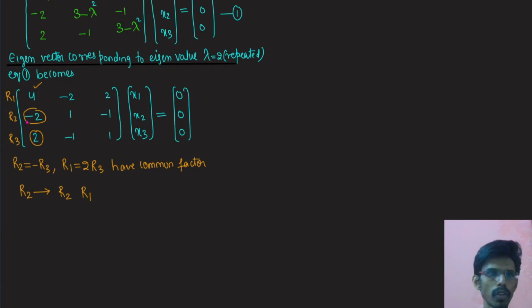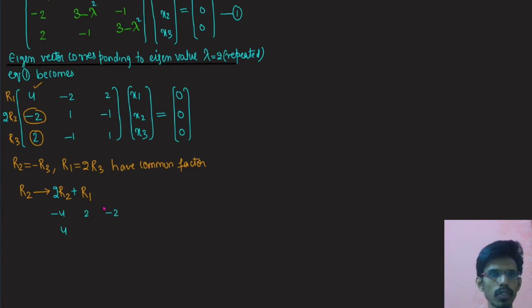Now multiply the coefficient of this. If I multiply 2 to R2, I'll get 4. So twice of 2 is 4, and these two have different signs. Plus 4 is there, minus 2 is there, so opposite sign is there. That's why I'm writing plus here. Now 2R2 means multiplying 2 here, it will become minus 4, 2, minus 2.